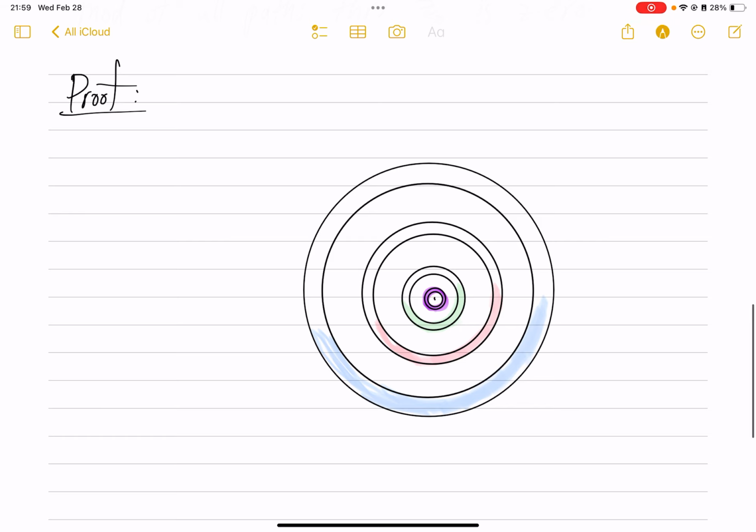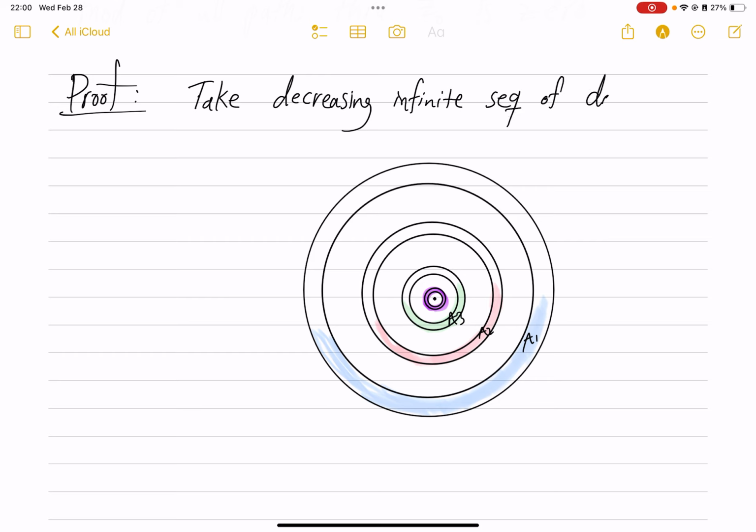So z naught, suppose, is in the center of all of these concentric circles. And despite my picture, suppose that for each of these annuli, so this is annulus 1, this is annulus 2, and annulus 3, and so on, take a decreasing infinite sequence of disjoint annuli A_i of ratio alpha.